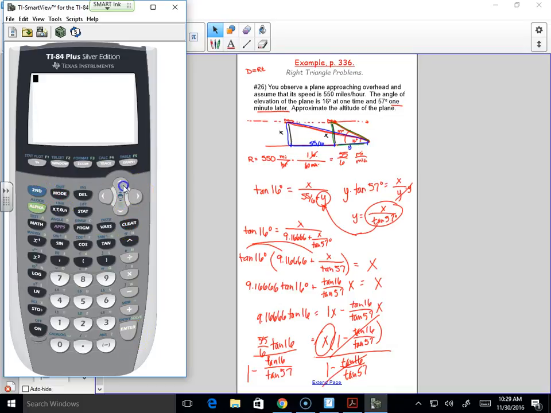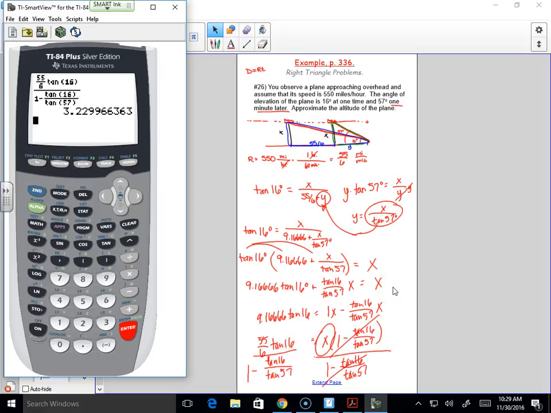Remember, I was in radians. 3.229966363. Double check. Ooh, check your mode. Are you in degrees? 55 over 6, tangent 16. Do you find it?